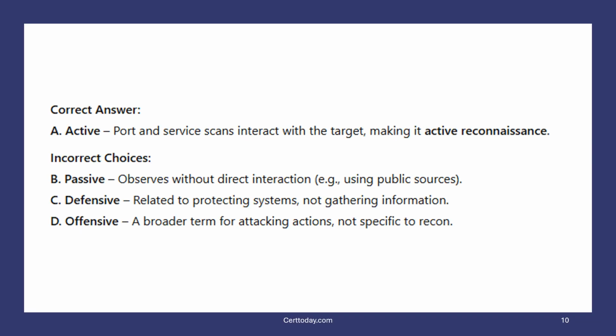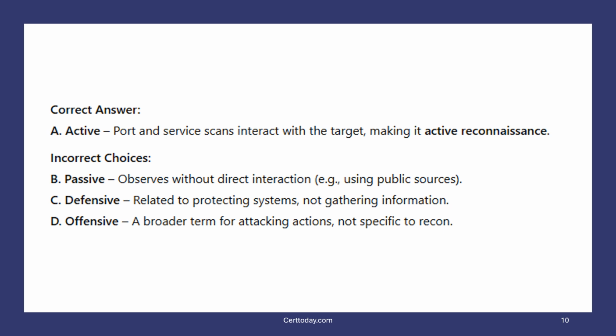The correct answer is A, active. Port and service scans interact with the target, making it active reconnaissance. B is incorrect because passive observes without direct interaction. For example, using public sources, like going to the web page of the company, or going through Google, or going through social media.